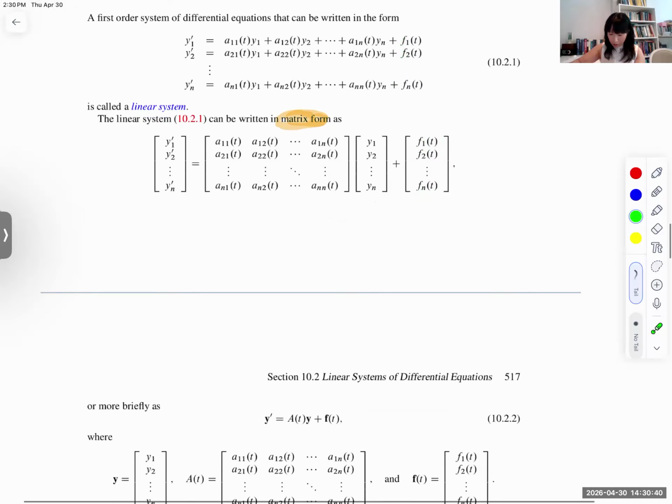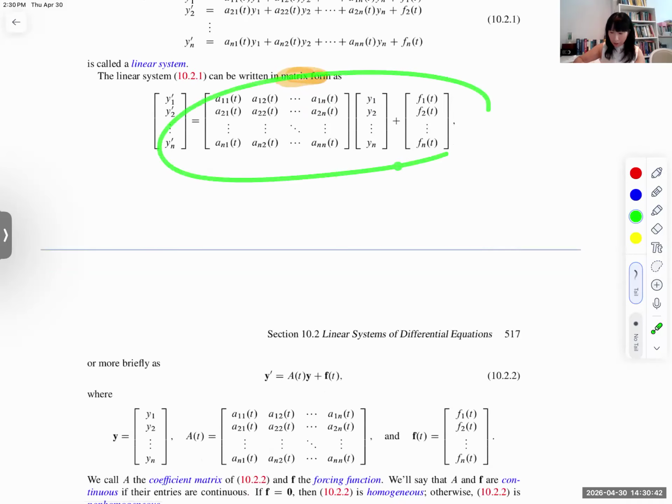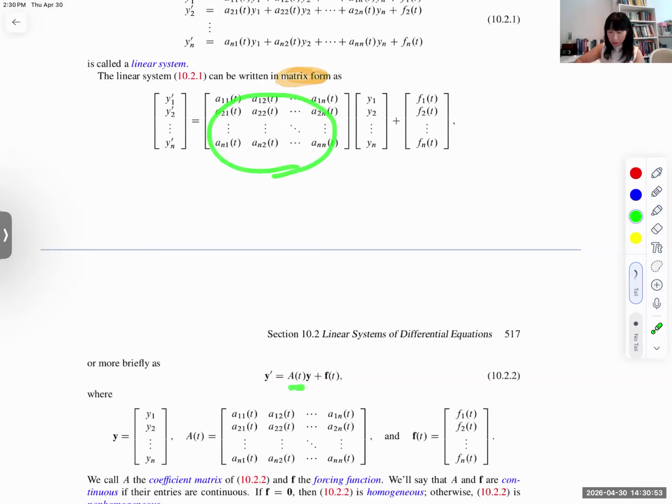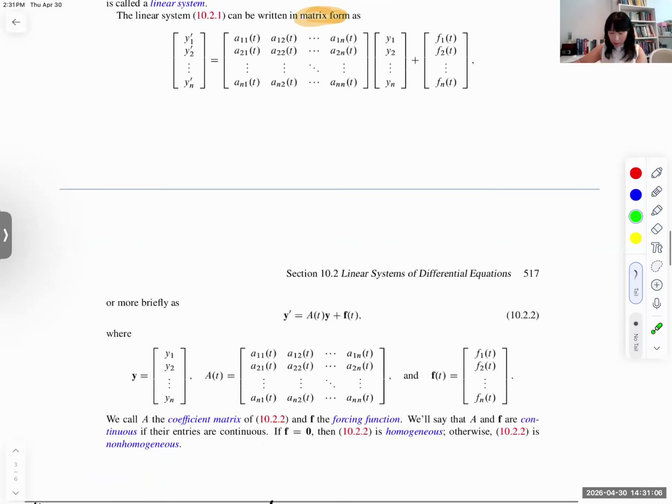So this one we can make into an equation form, which is y prime equals A of t y plus f of t, because all the coefficients we made into A of t.